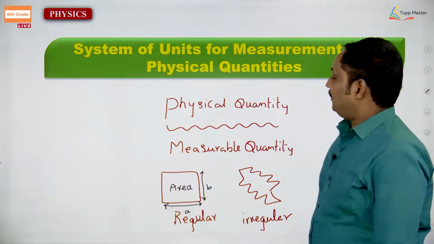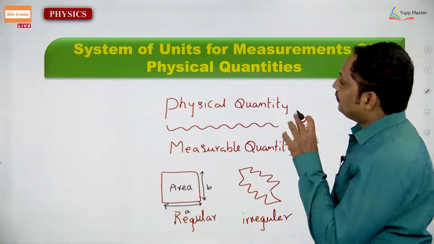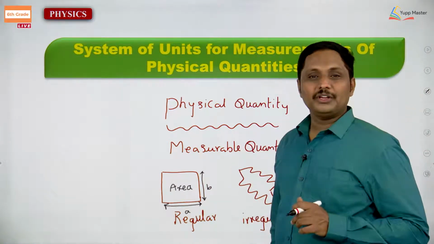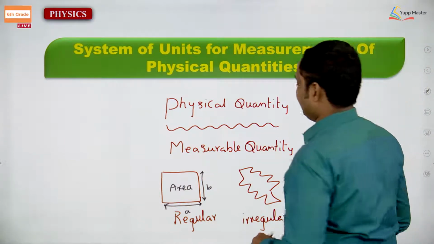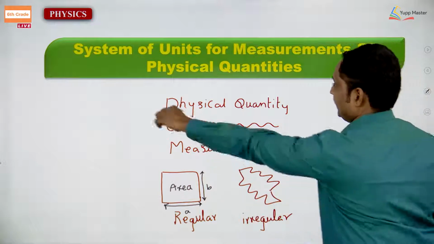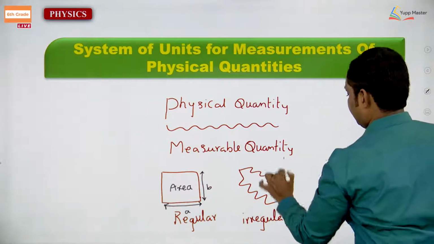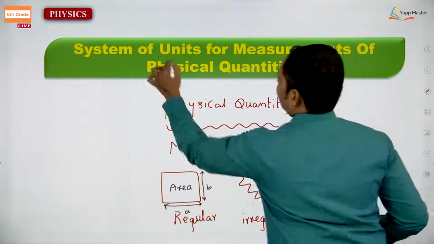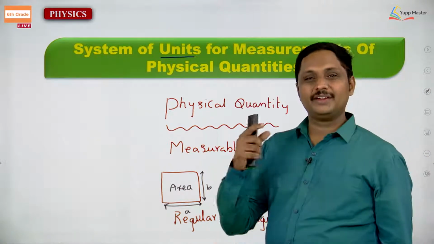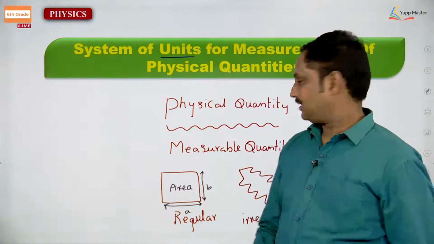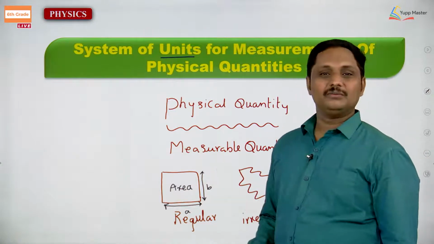Now if you look at units, if you are going to express area, what unit can you use? What is a unit? A unit is a standard quantity to represent one physical quantity.